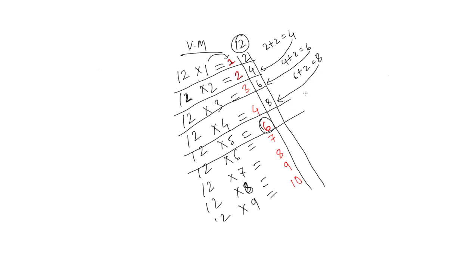Because if we add 8 plus 2, it is 10, so put the 0 here, but we have the 1. So if we put 5 here, then 5 plus 1 is equal to 6. For that reason we should put the 6 here.